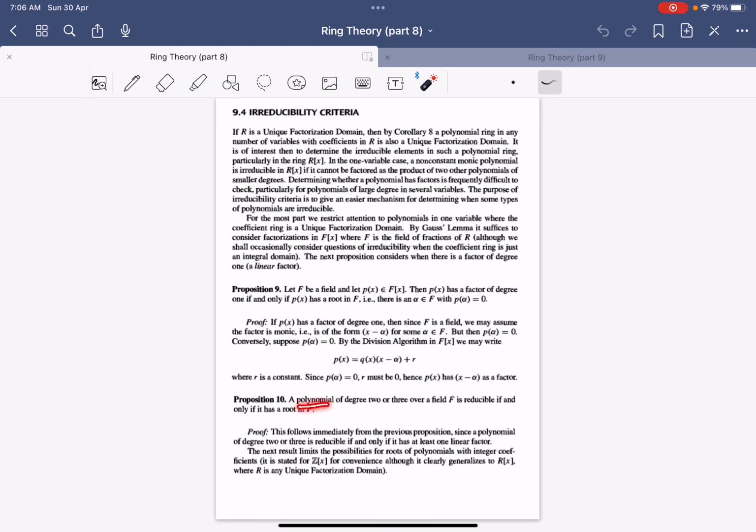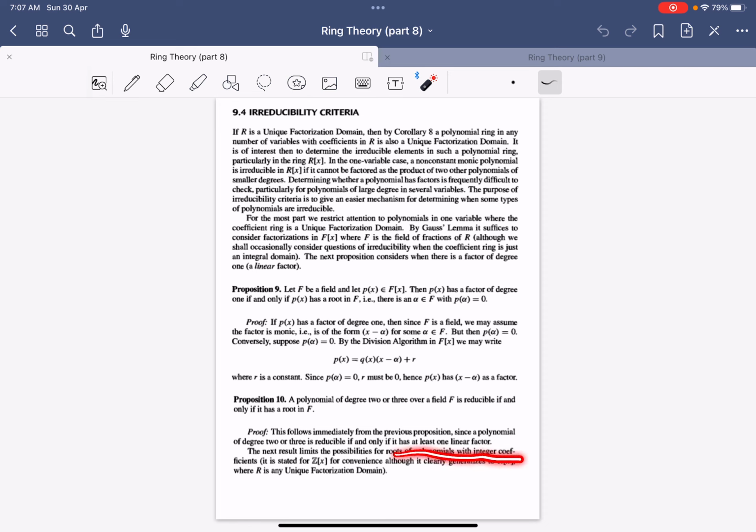So now, a polynomial with degree 2 or 3, so small degrees, is reducible if and only if it has a root. And this follows immediately from the previous, because a polynomial of degree 2 or 3 is reducible if and only if it has at least one linear factor.